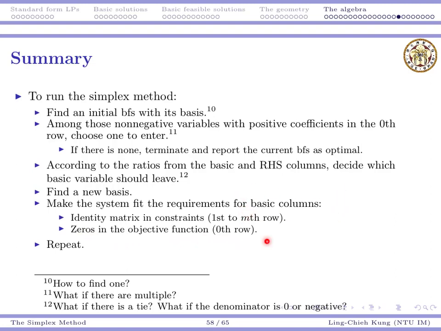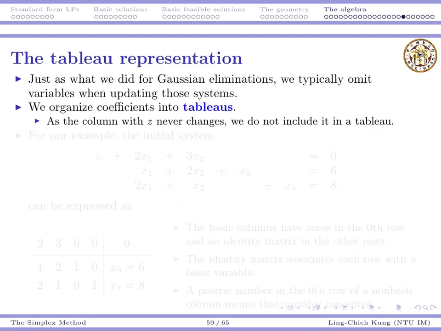Once we have that, it will be very easy to repeat the entering and leaving variable steps. We may also make the calculations easier, just like Gaussian elimination. We don't really need to write down all those x1, x2, x3; we only need to use a tableau to record the information we need.